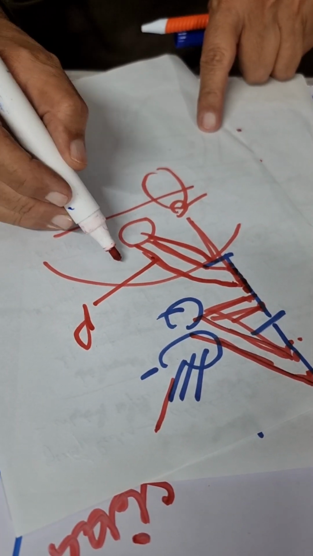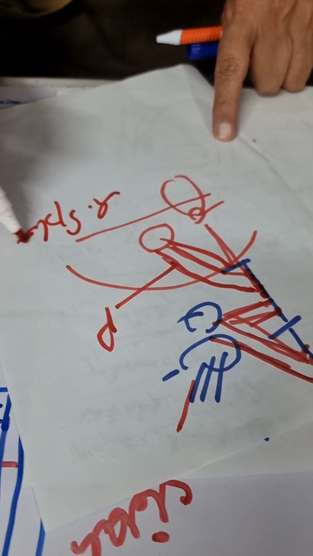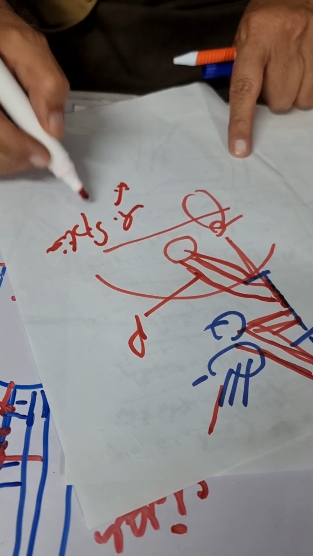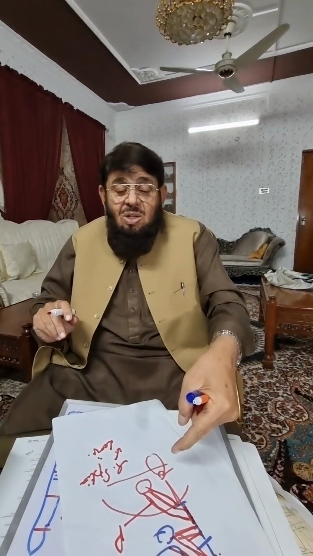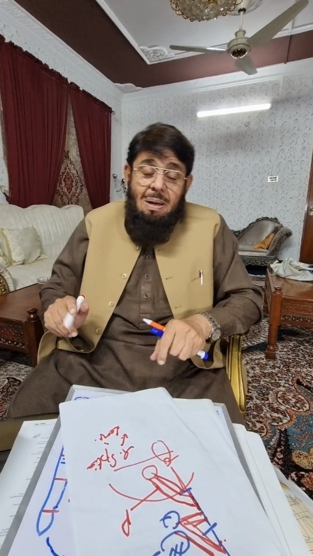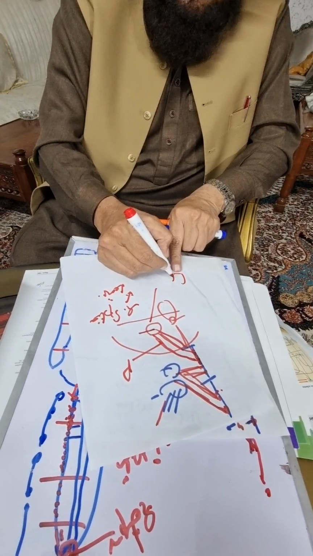These nerves are called the greater splanchnic nerve, the lesser splanchnic nerve, and the least splanchnic nerve. The greater, lesser and least splanchnic nerves enter through the diaphragm into the abdomen, and in the abdomen they relay in the ganglion called the celiac ganglion.